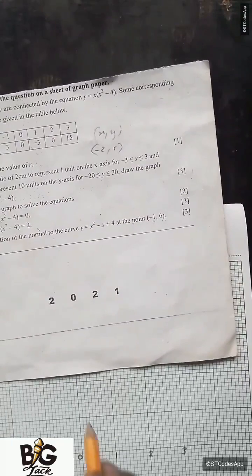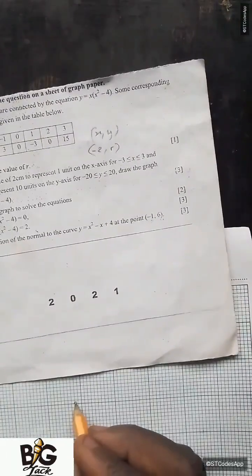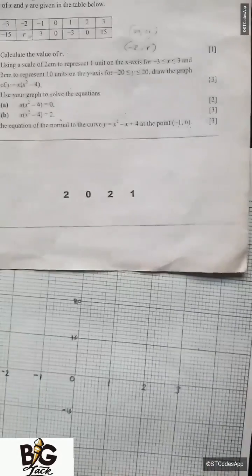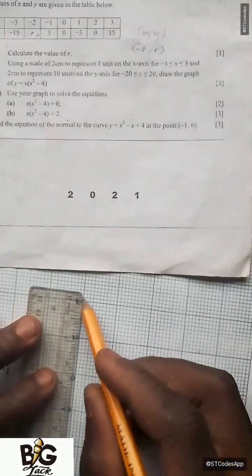Then on top, I'm going to do the same: positive 10, then positive 20. Now let me try to draw the Cartesian plane or XY plane.